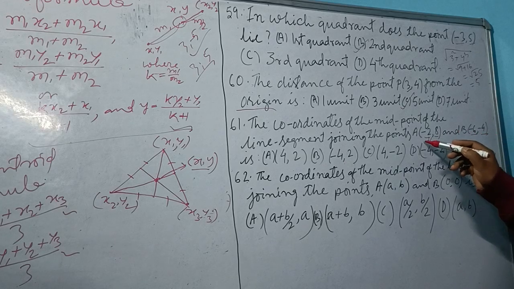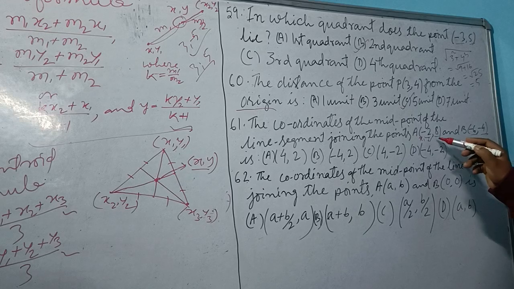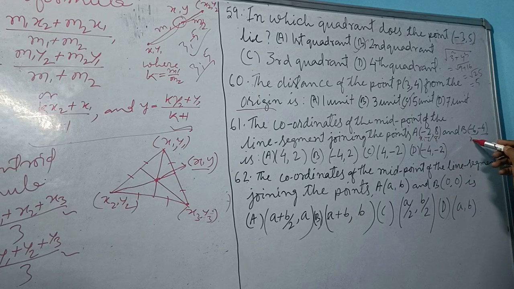Now, coordinates of the midpoint of the line segment joining the points (x1, y1), (x2, y2). So this is your x1, this is your y1, this is your x2, and this is your y2. Now, what midpoint formula did I give you? x1 plus x2 divided by 2. Clear? So here this is -2. So if you write -2 plus, this is what? -6. So -6 divided by 2.